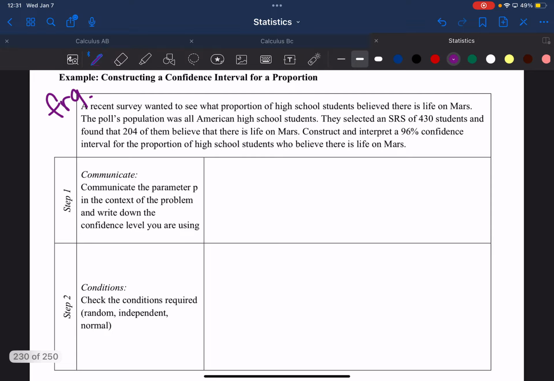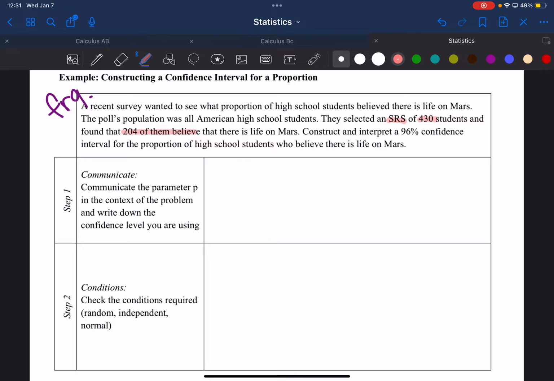Okay, so the problem states, a recent survey wanted to see what proportion of high school students believe there is life on Mars. The poll's population was all American high school students. Okay, so this is like the name of their high school, all American high school students. They selected an SRS, that's important, of 430 students and found that 204 of them believe that there is life on Mars.